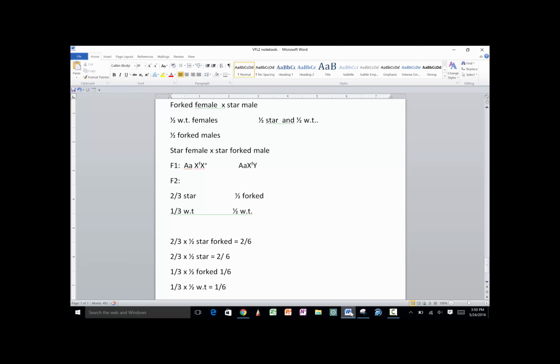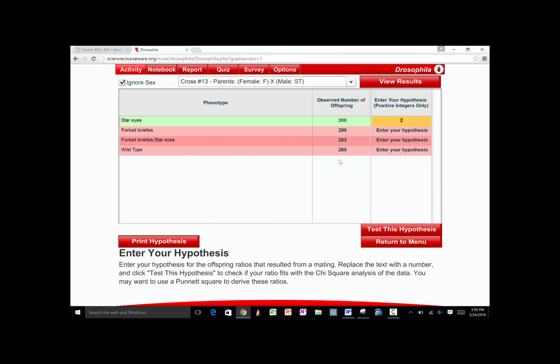2 star forked. Two just star. 1 just forked. And 1 wild type. All right, so just star was 2.